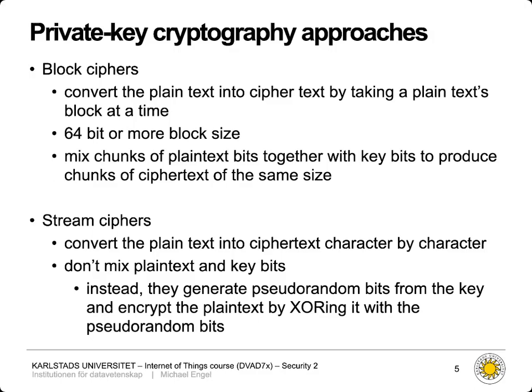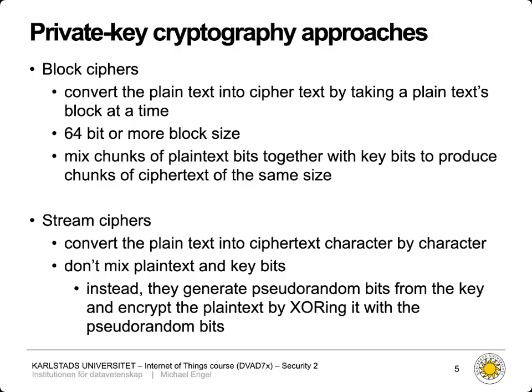Now, on the other hand, we have stream ciphers. Stream ciphers work on a byte at a time, so they're very useful for network transmissions where you just have incoming or outgoing data that needs to be encrypted independently of the application that produced the data. So stream ciphers convert the plain text into ciphertext character by character.